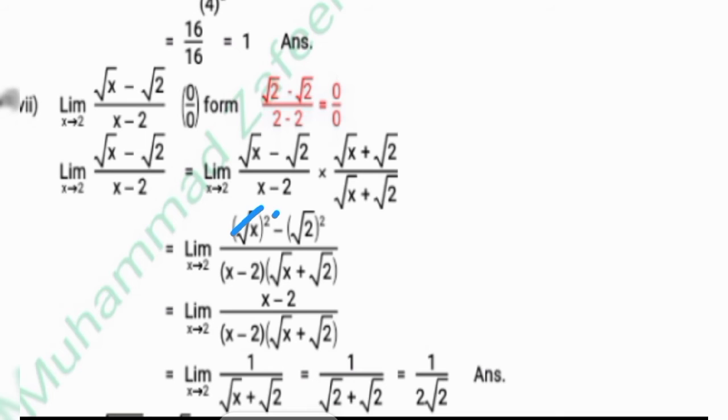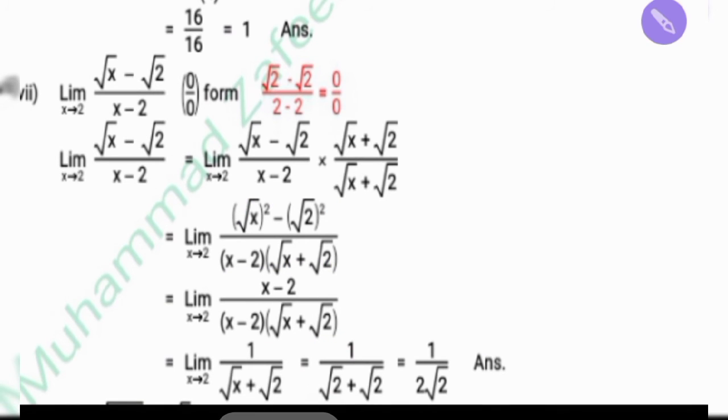Square and root will be cancelled, square and root will be cancelled, and we have x minus 2, and in the denominator x minus 2 and square root x plus square root 2 will be written same. Now we will simplify it. x minus 2 will be cancelled with x minus 2. After cancellation, we have 1 over square root x plus square root 2.